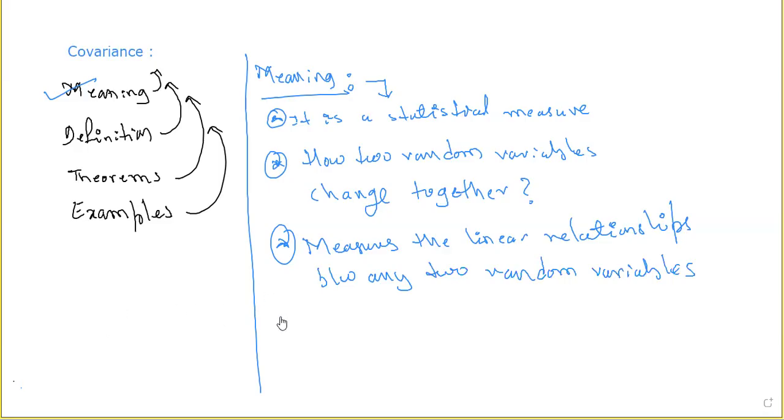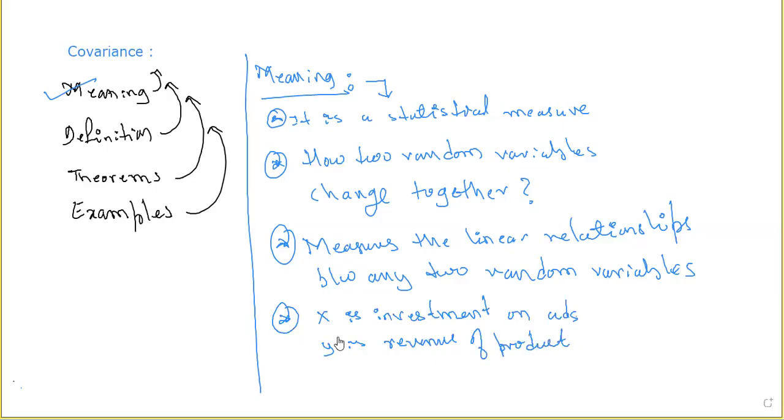Say for example, suppose X is investment on ads, and Y is revenue of the product. So X is the amount we are investing for the ad making or promotion of that product, and Y is the revenue generated by that product, right?